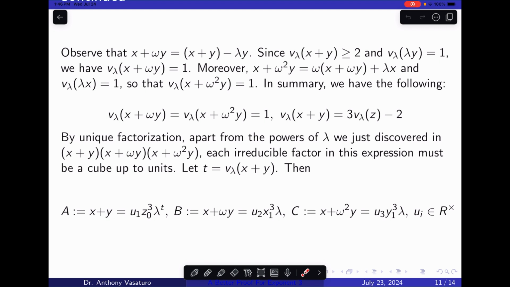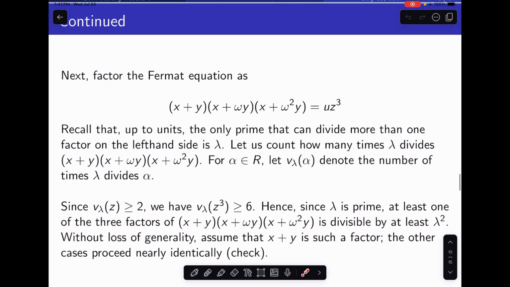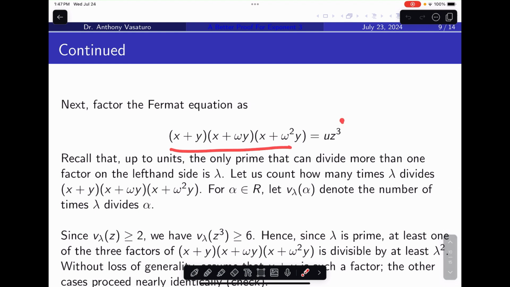Each irreducible factor in this expression must be a cube up to units. The reason is that the product of these is a cube up to units, and so by unique factorization, once we divide out the lambdas, each of these terms must be a cube up to units. That's another kind of algebra fact.